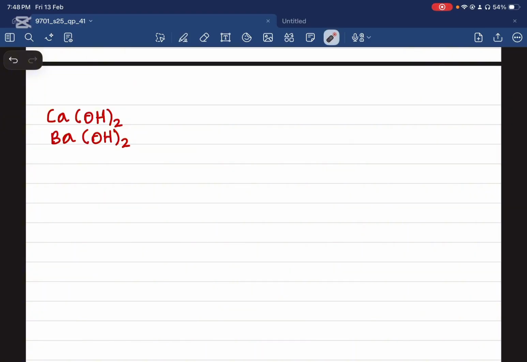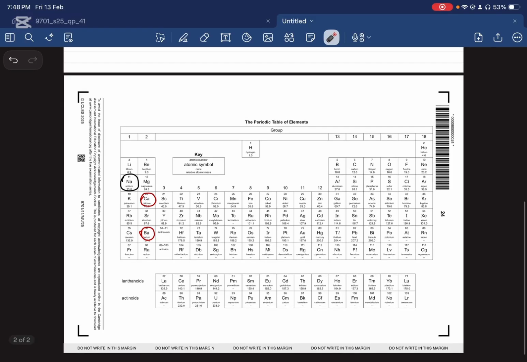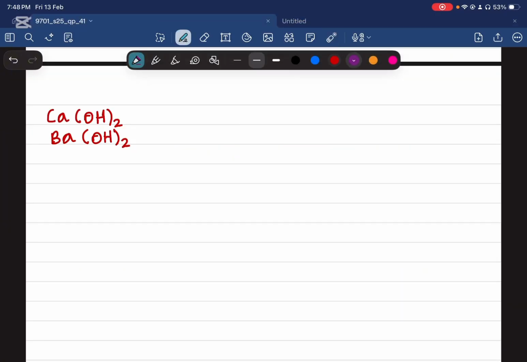Which metal comes first when you are reading group 2 in the periodic table from top to bottom? Calcium. Barium comes after calcium. The trend that you need to remember, and we'll discuss the reason behind it, but first you need to remember the trend. Solubility of group 2 hydroxides increases down the group. This is the first thing that you have to remember.